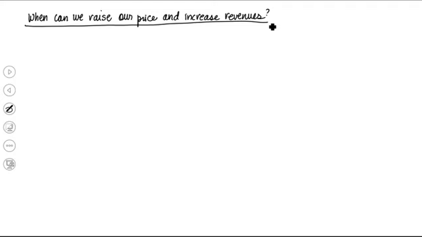So let's think about this. From a business standpoint, when can we raise our price and make more money from it, guys?